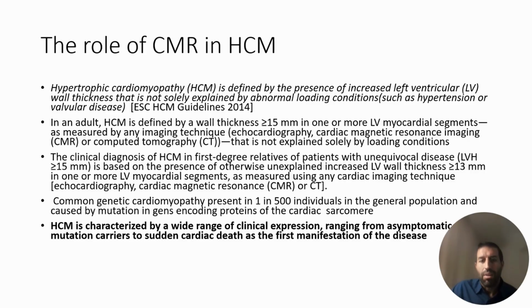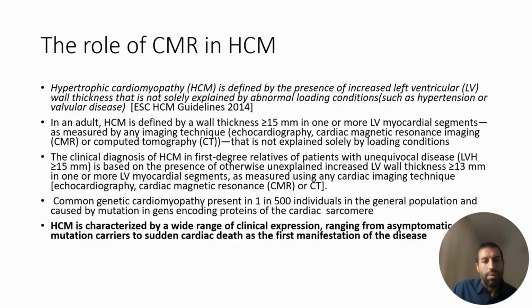The clinical diagnosis of hypertrophic cardiomyopathy in first-degree relatives of patients with an unequivocal disease is based on the presence of otherwise unexplained increased LV wall thickness more or equal to 13 millimeters in one or more LV myocardial segments.